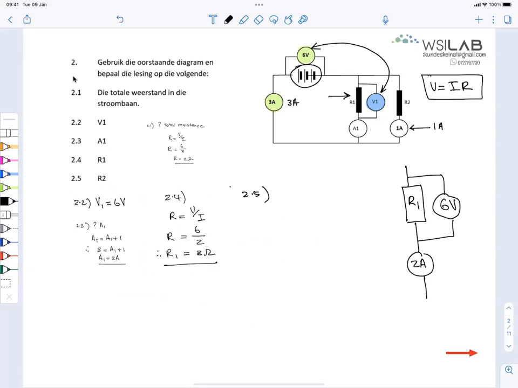2.5. R2. I want to know what's the resistance in R2. Everyone, take a minute and get that answer for me. If you have to, put your own voltmeter over R2.